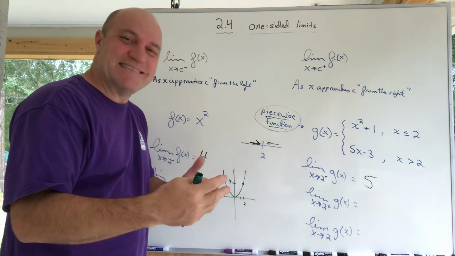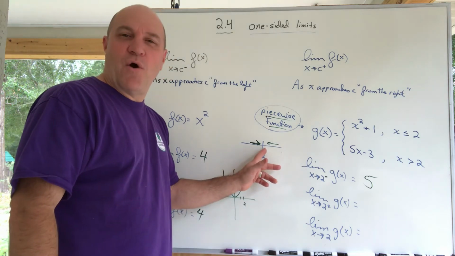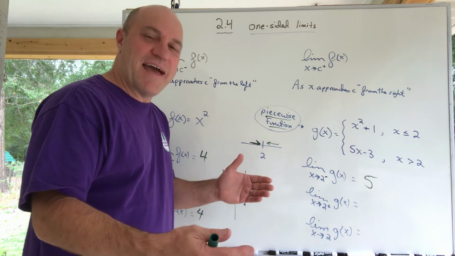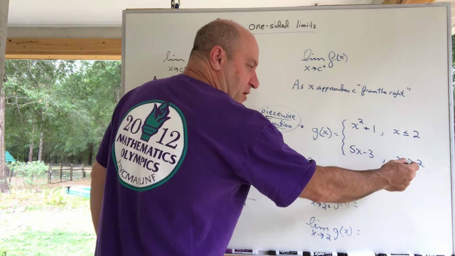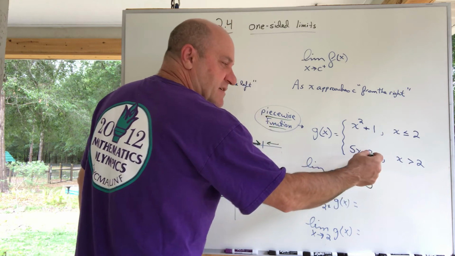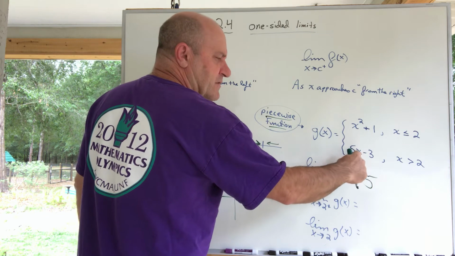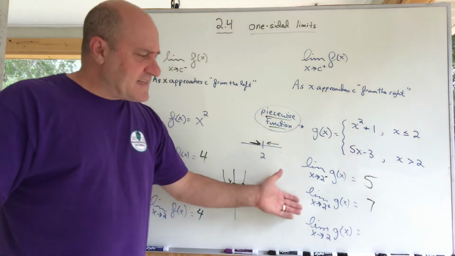I'm doing a limit as x approaches 2 from the right, so I'm at 2.1, 2.0001, 2.000001. Basically, the way I figure that out is I plug in a 2. But because I'm on the right, I use this piece of the piecewise function. When I plug in a 2, I do the math: 2 times 2 minus 3... 5x minus 3 gives 7. That answer's 7.